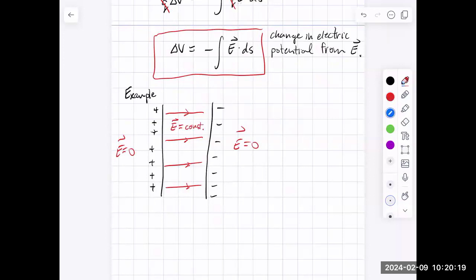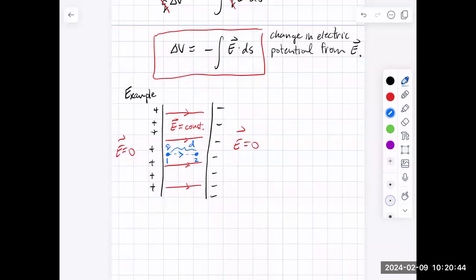And so what we could imagine then is taking a charge, starting at one position, and moving it to some final position. Let's call this position 1, this is position 2, and let's say we move a distance d. So we're going to go from 1 to 2, moving a distance d.